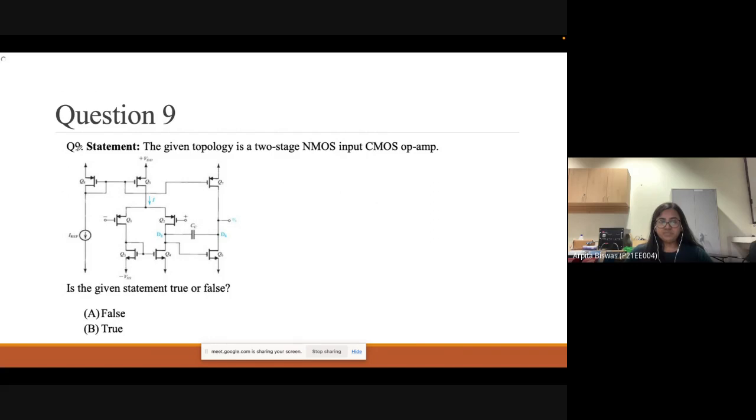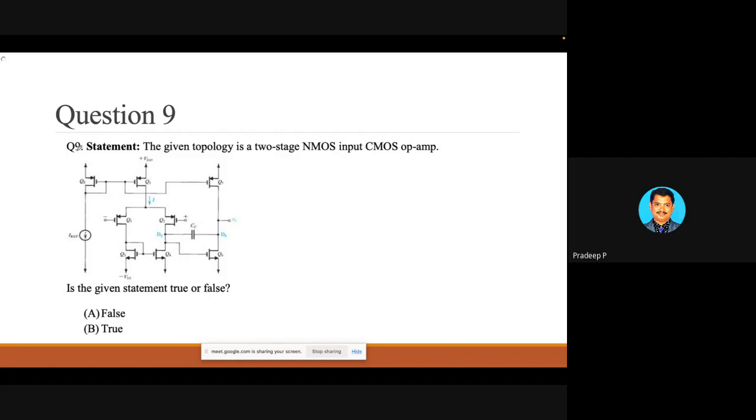Is the given statement true or false? See the circuit carefully and go through the statement. True, madam. Because I see NMOS on the top, and maybe that is one reason. Another reason is that between the first stage and second stage there is a compensating capacitor, and the current source from the first stage and differential amplifier, followed by the second stage. It's true, madam.